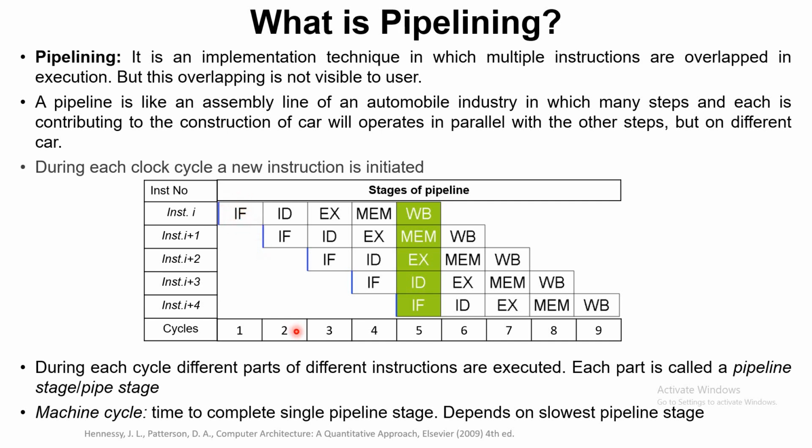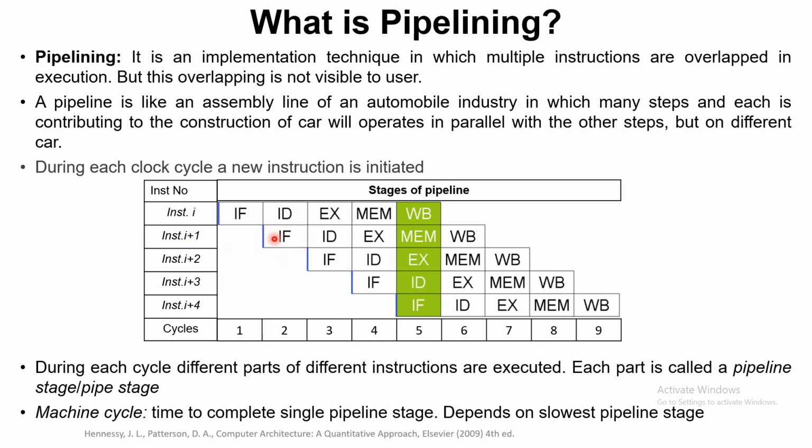So what will happen during the second cycle? During the second cycle, the first instruction will enter the second stage, and at the same time, instruction number 2, which is I plus 1, will fetch its opcode.